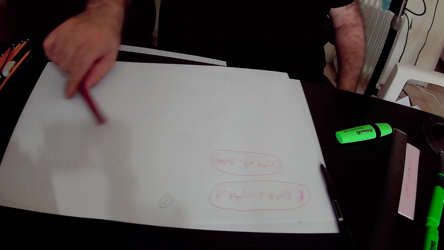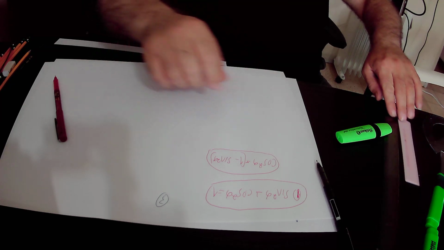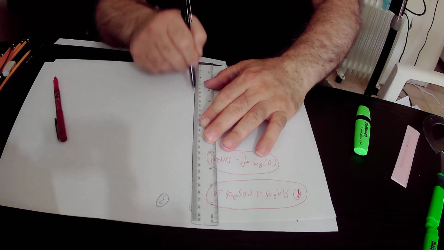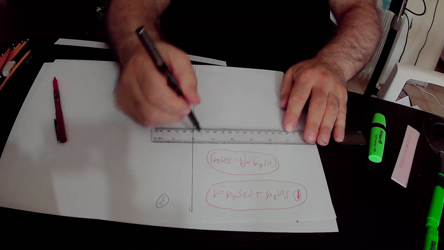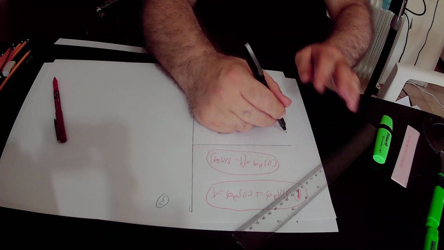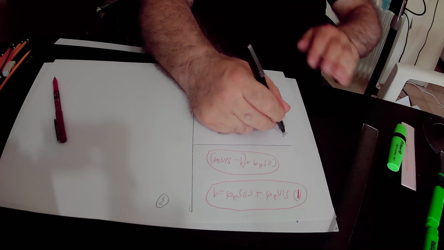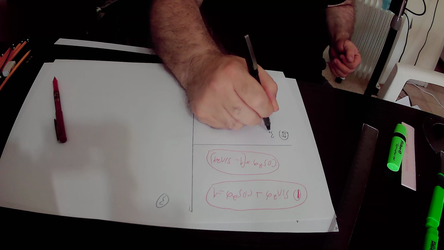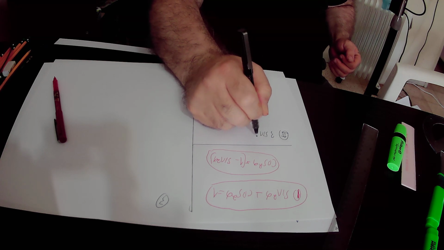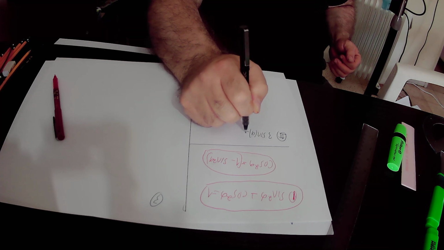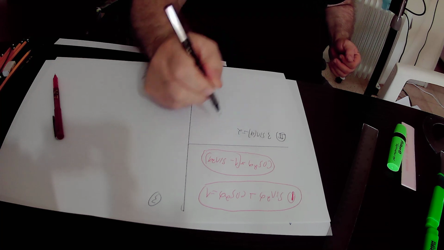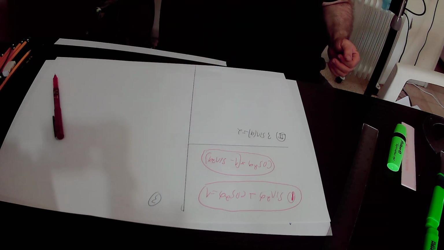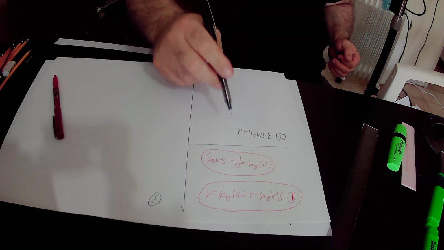We'll do it now, and we'll get that according to equation number 2, three times sine alpha equals 2 times cosine square alpha, and cosine square alpha according to this trigonometric identity equals 1 minus sine square alpha.